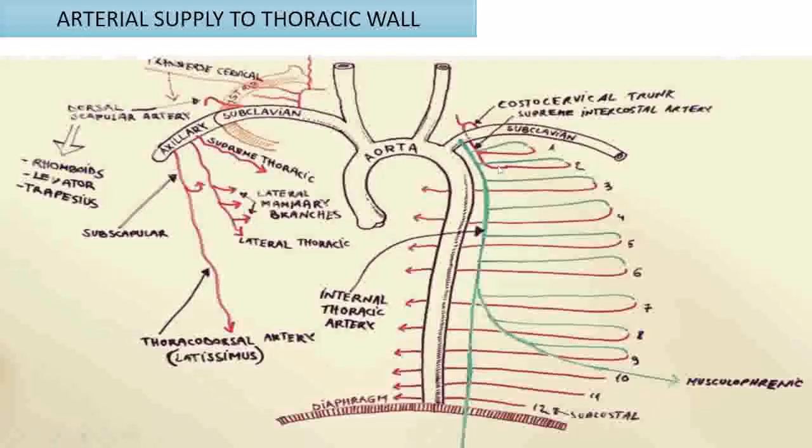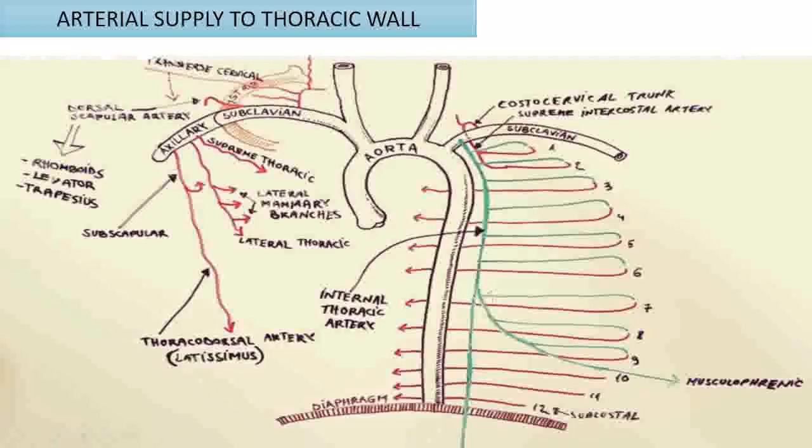These posterior intercostal arteries anastomose with anterior intercostal arteries, in green here, from the internal thoracic artery, previously called the internal mammary artery. So right here is the internal thoracic artery. It provides anterior intercostal arteries from numbers 1 to 6.